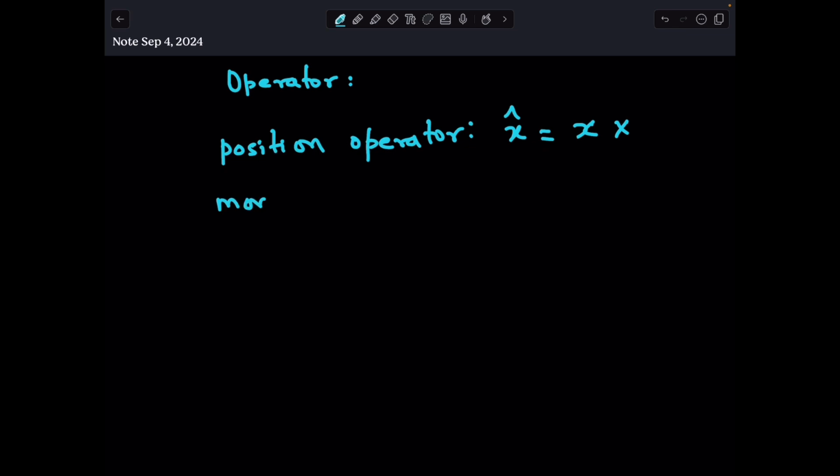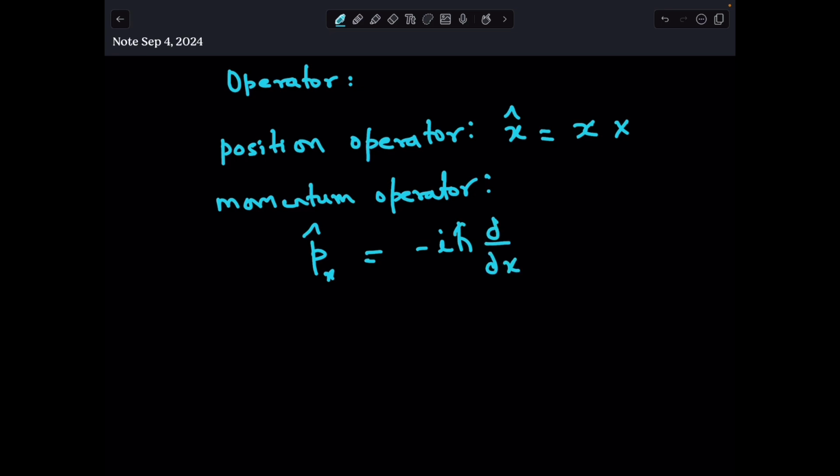The momentum operator is given by p cap of x, and that is minus i h cross d by dx. This is the linear momentum operator in the x-axis.